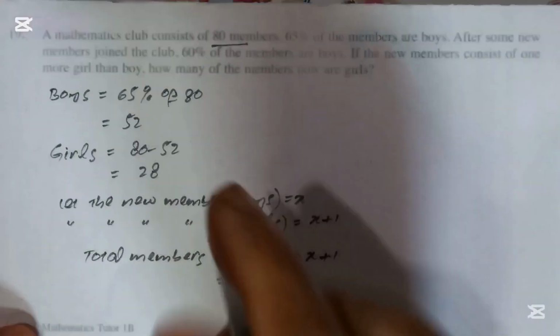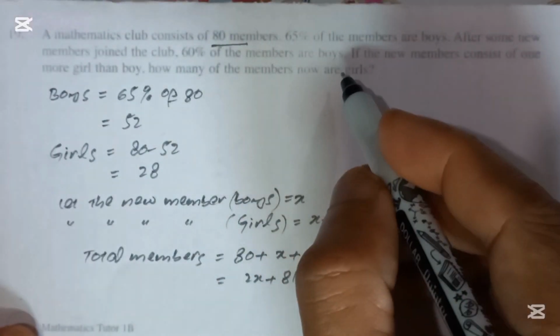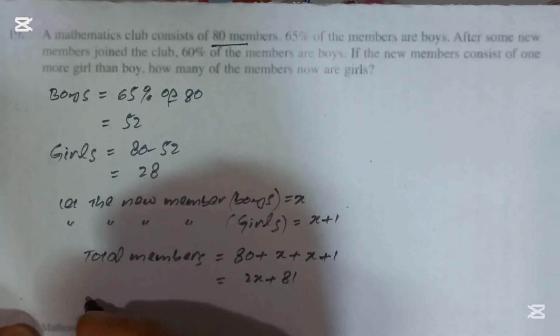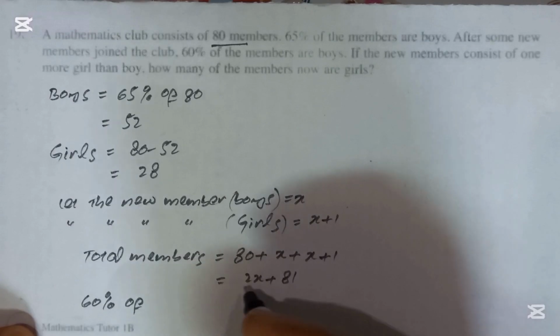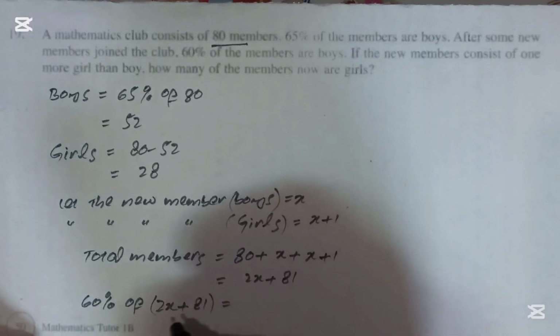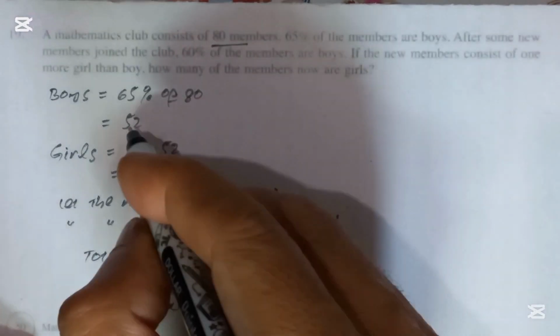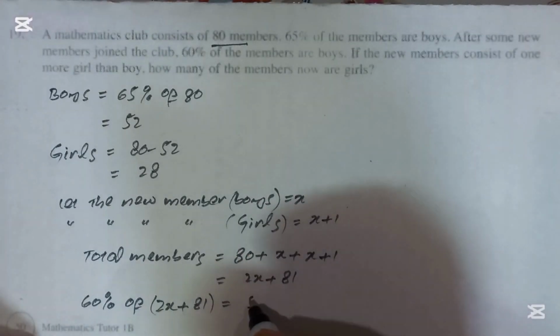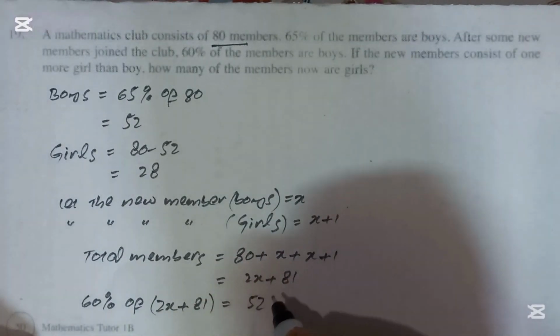It is given that now 60% of the members are boys. So 60% of 2x plus 81 is the boys, but the boys will be the old number, 52, and now we are having some new boys as well.